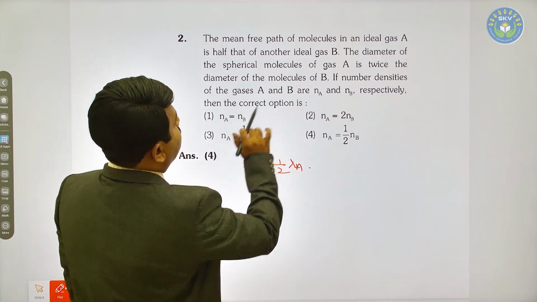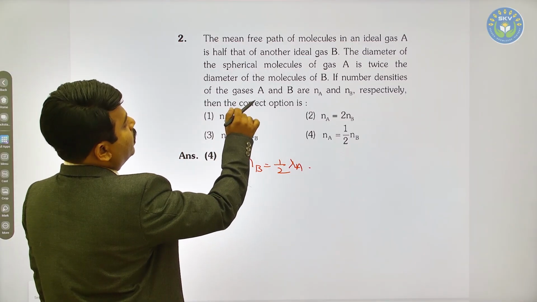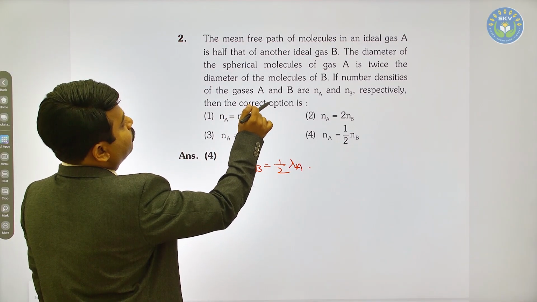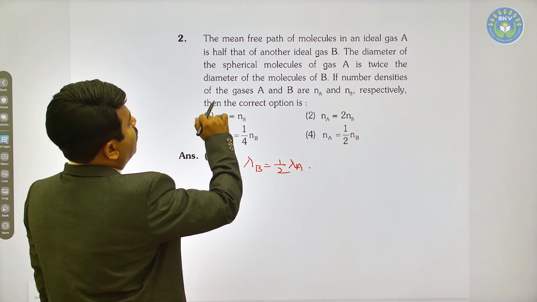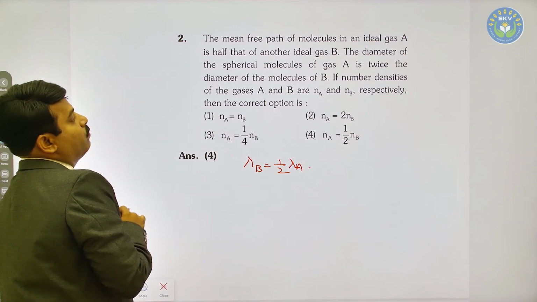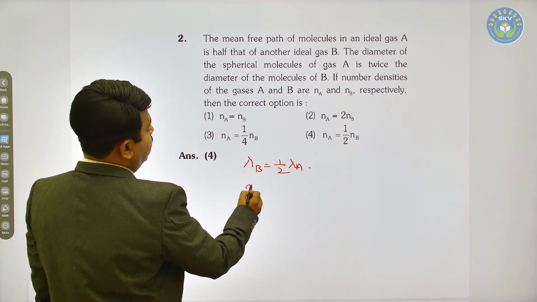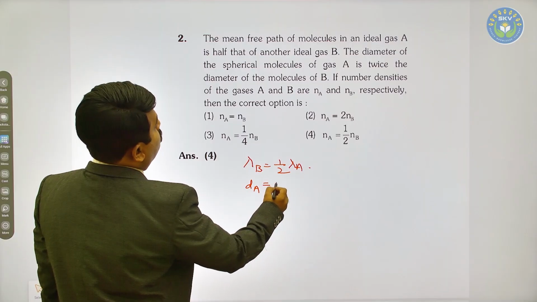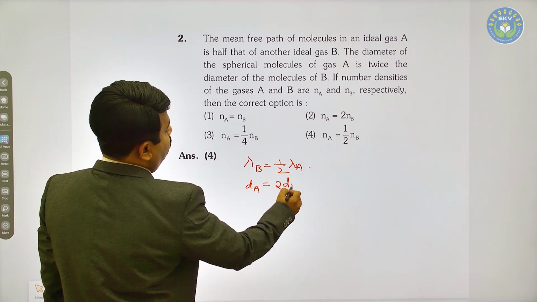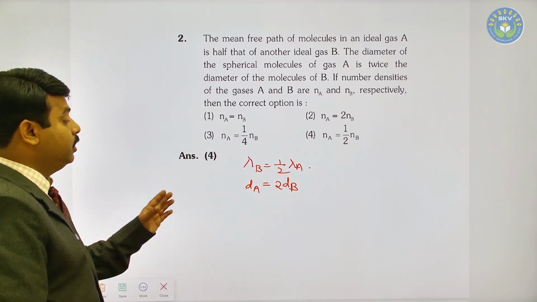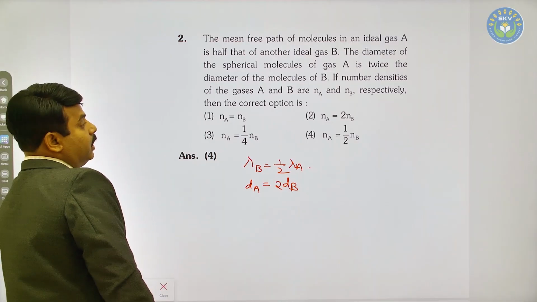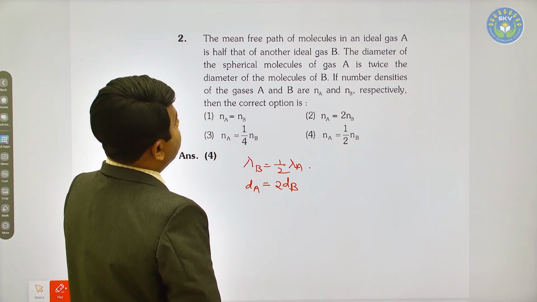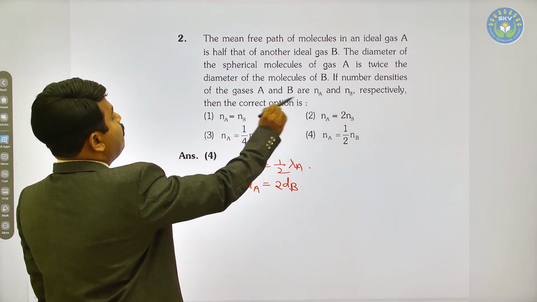Here it is given that the diameter of a spherical molecule of gas A is twice that of the molecule B, so dA is equal to twice dB, and the radius also. All right. Now what we need to find is the relation connecting the number densities.